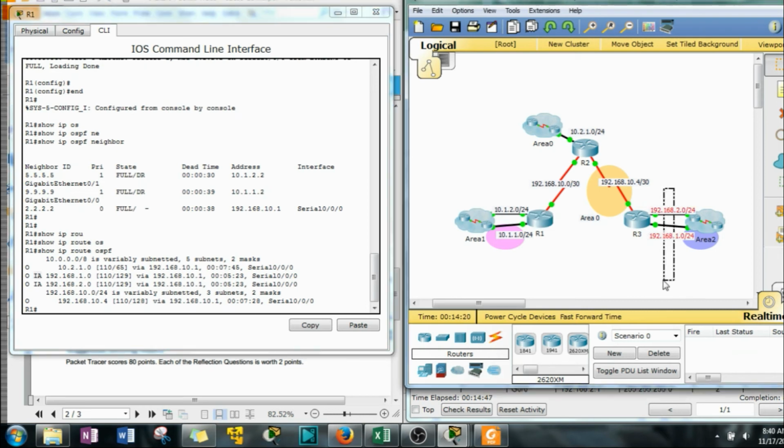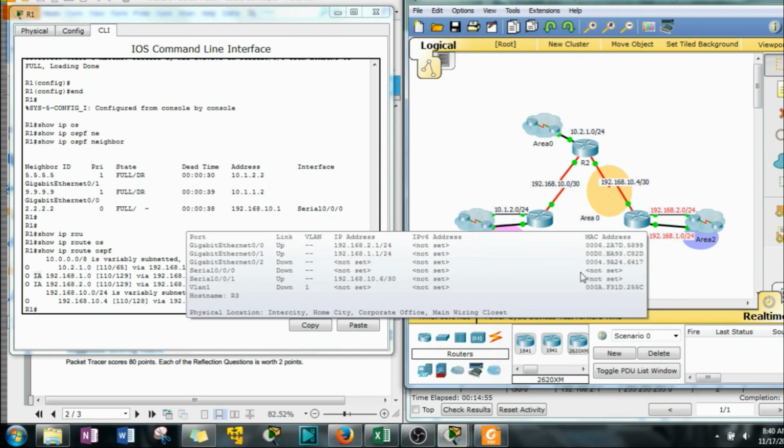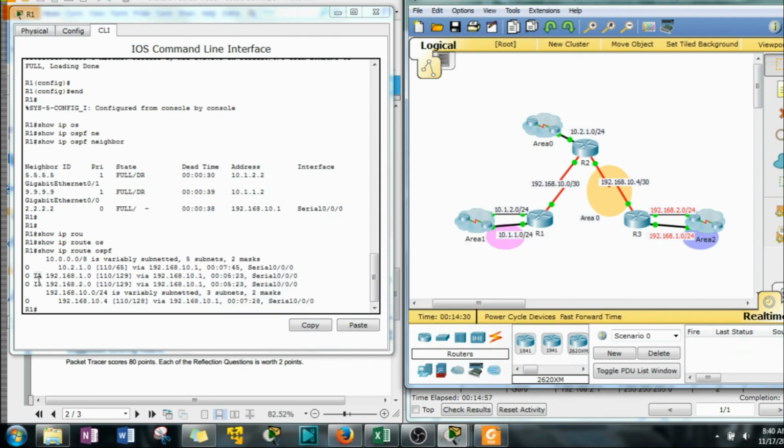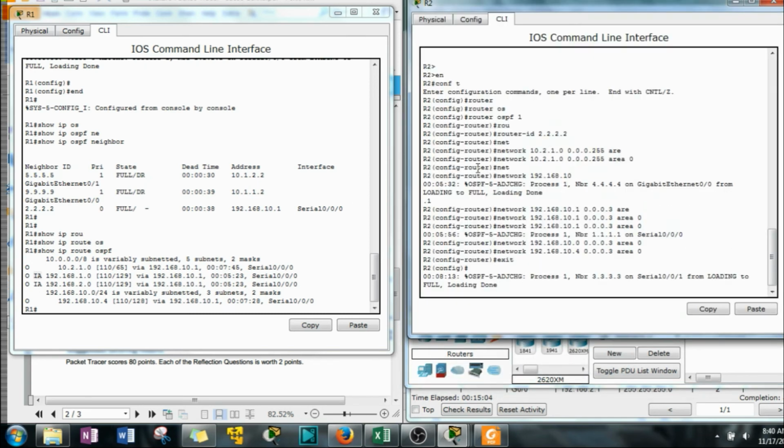So these two networks basically from R3, because R1 is not privy to R2's network, so it's going to have to be told about that by a router's interfaces that are outside of that area. So it says, oh, okay, those are external to my areas, but at least I know about them. We can do the same thing in R2.